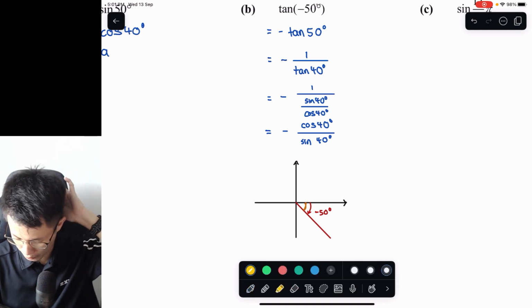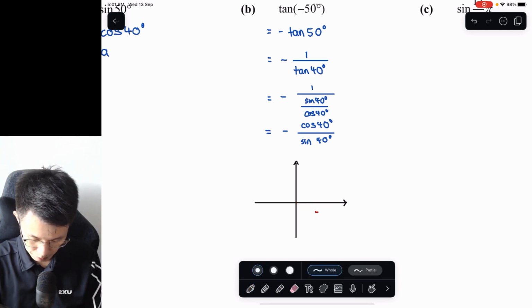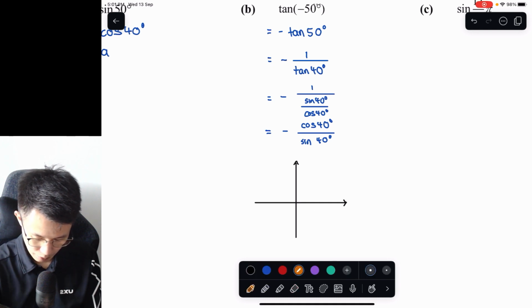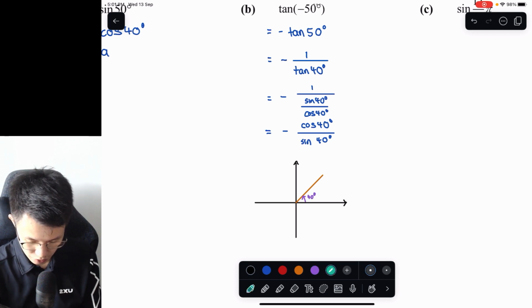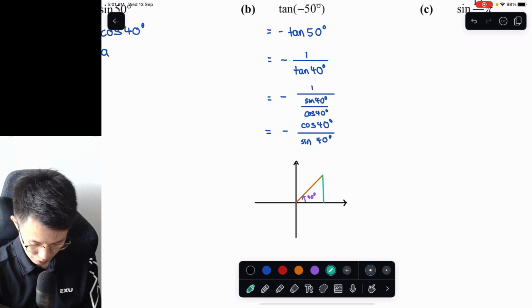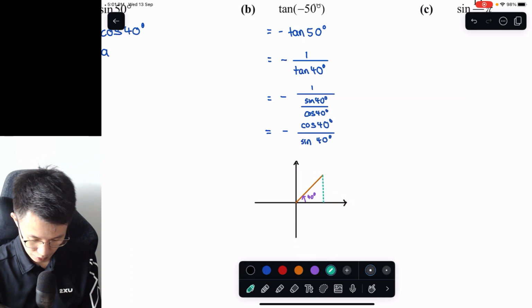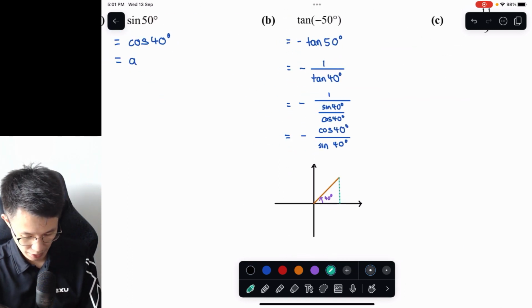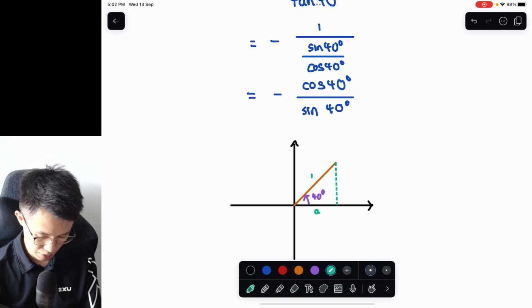So if I'm talking about cosine 40 degrees, a positive angle right now, imagine we have a positive angle here of 40 degrees. Drawing the right angle triangle, we have that cosine 40 degrees is simply A, which means the adjacent over the hypotenuse equals A. We can also safely say that it might be A units divided by 1 unit.